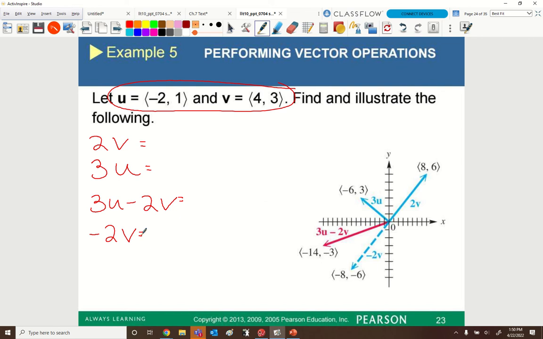Which one? Wait, mister, which slide are you on? Okay, so example 5, the last of example 5, is that what it is? Yeah. I don't even know what to do. So it's 2B, right? Your numbers are on that little 8, 6. I'm so confused.